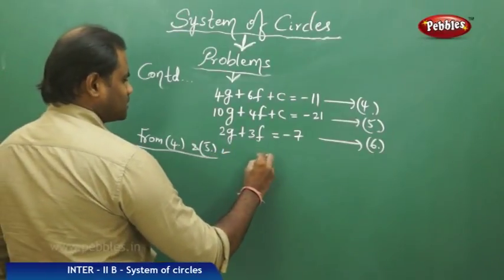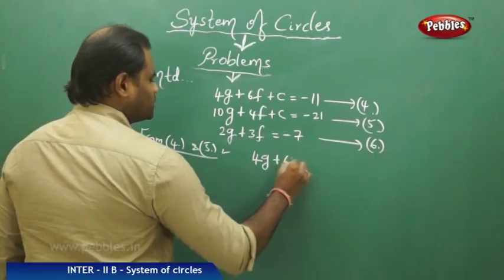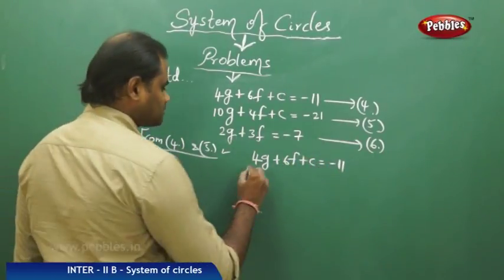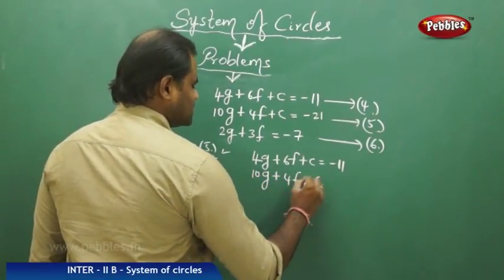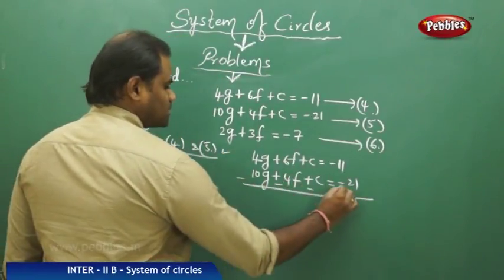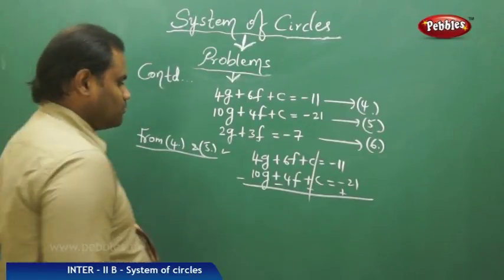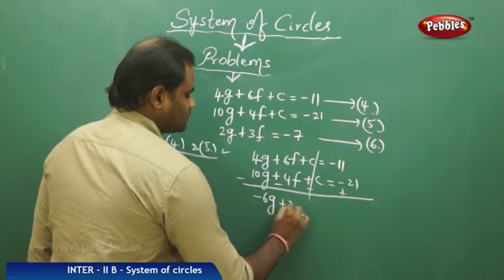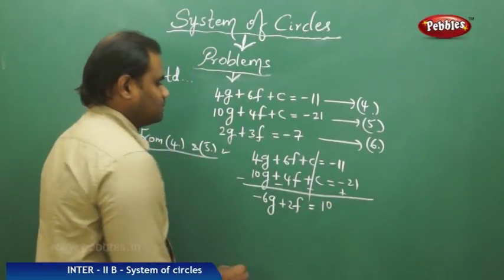I try to subtract, so that equation 4, which is 4G plus 6F plus C equals negative 11, and 10G plus 4F plus C equals negative 21, on subtraction gives me 4G minus 10G, which is minus 6G, equals 21 minus 11, which is 10.